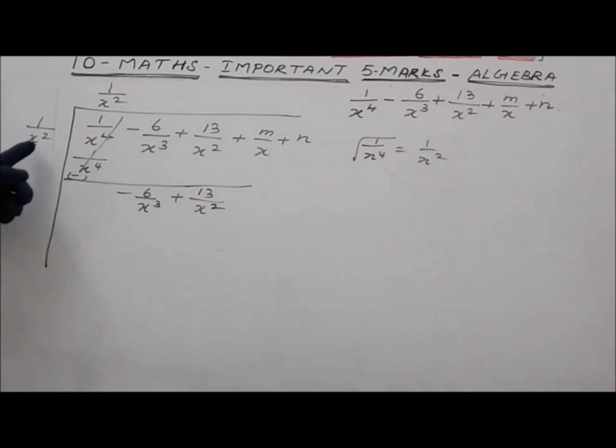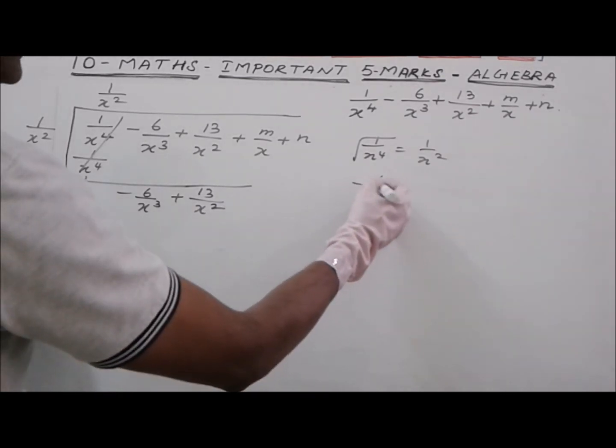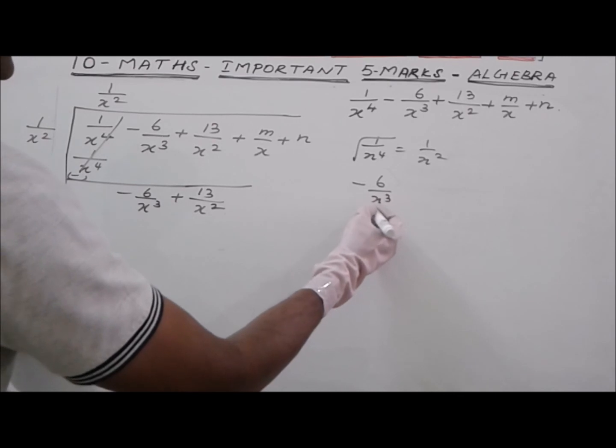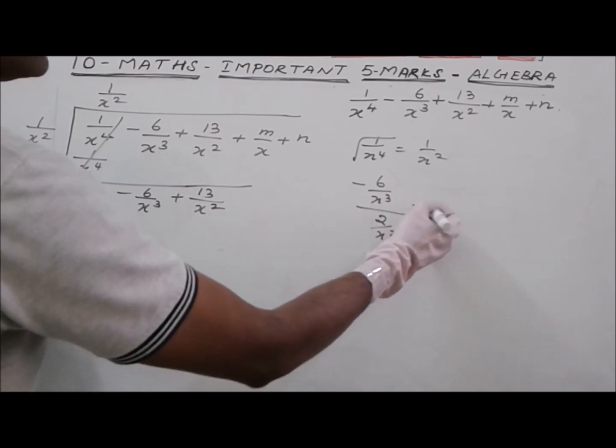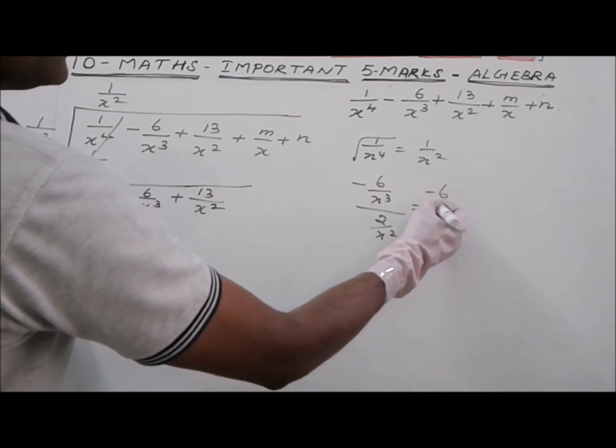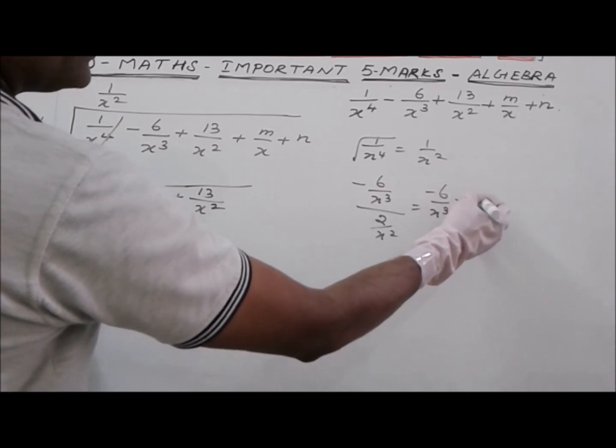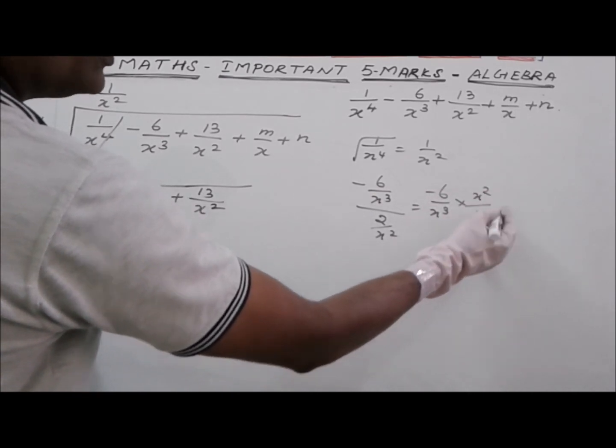Now multiplying 1 by x square by 2, we get 2 by x square, and dividing the first term by it, minus 6 by x cube divided by 2 by x square is equal to minus 6 by x cube into x square by 2.